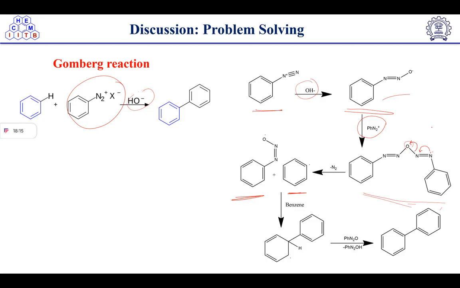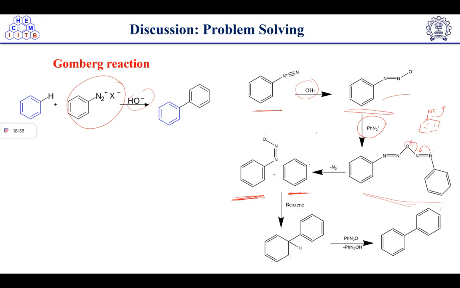So first they both will get detached, then we will get N2 from here, and this will also knock out to give the benzene ring. Okay. After getting this benzene ring, now we have another diazo in the system. Okay. In the reaction system.